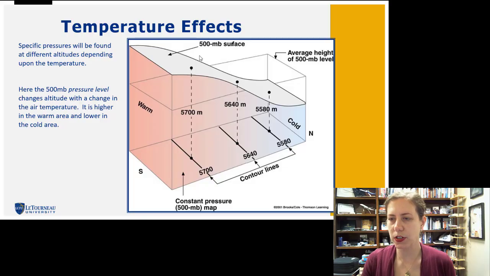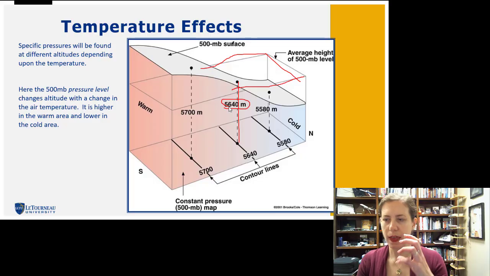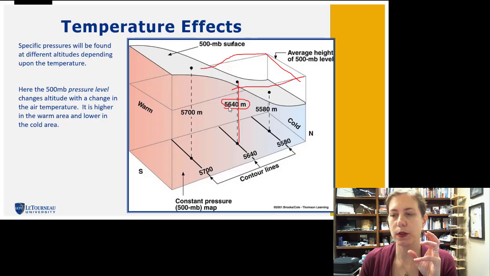In my picture here, in a standard atmosphere, this is our 500 millibar level. Just imagine this is 3D, we have kind of a box. This is standard at 5,640 meters high. That's where we'd expect to find a 500 millibar pressure level.